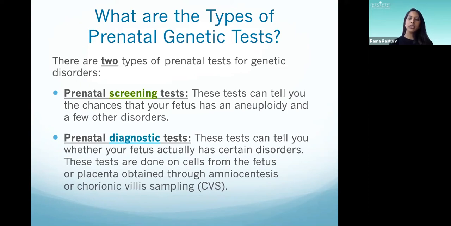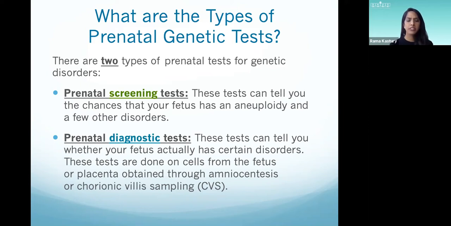Screening tests give you a general understanding of risk toward a certain condition, but they do not give you a definitive diagnosis. These tests tell you the chance that your fetus or your baby might have an aneuploidy or some other disorder, but it's not definitively diagnosing your baby with Turner syndrome or Klinefelter.